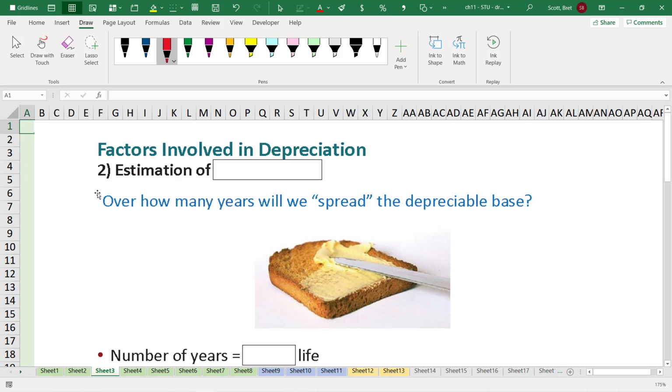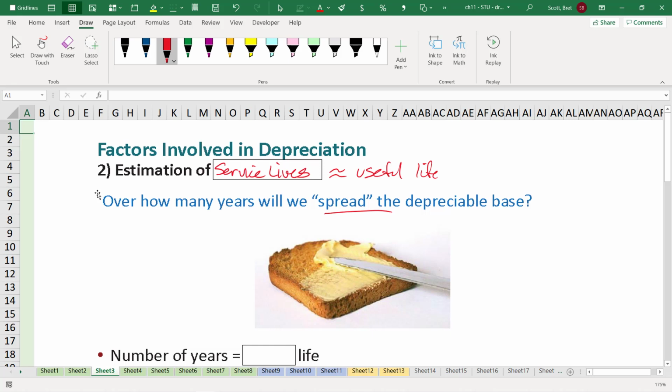Factors involved in depreciation: estimation of service lives. Or another way of saying it is useful life. Useful life and service life, kind of the same thing. How long is this thing going to be in service? So over how many years are we going to spread the depreciable base? Think about it like spreading over a piece of toast.